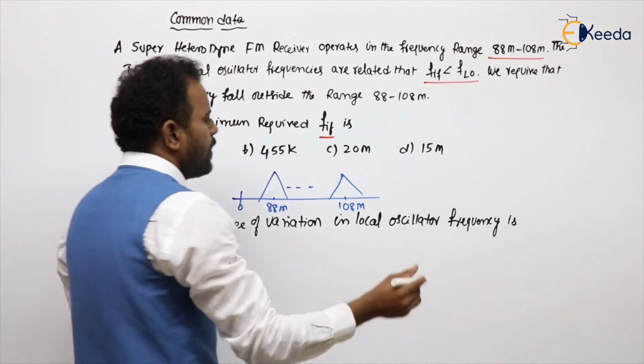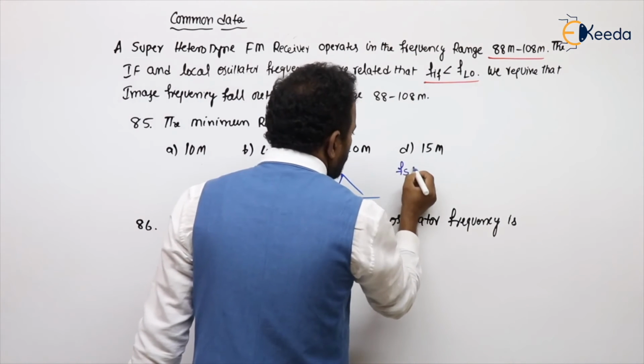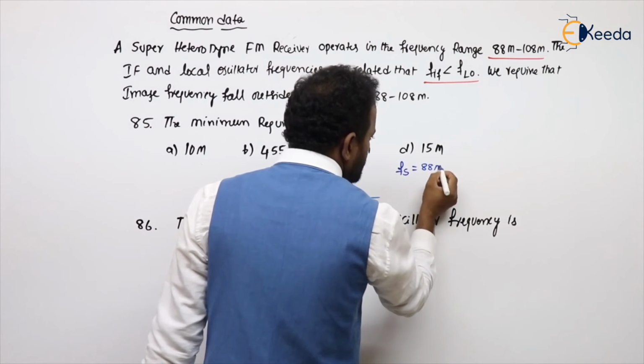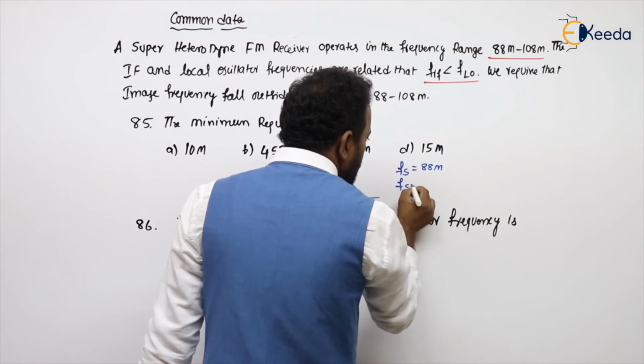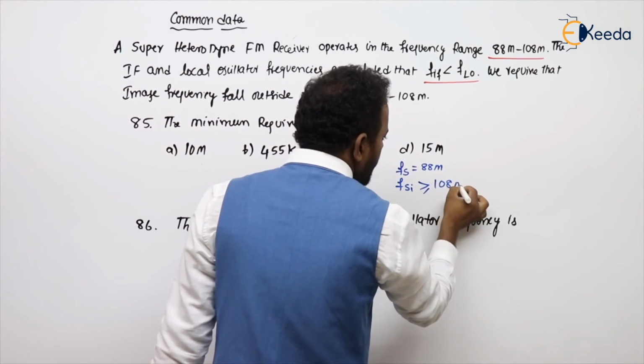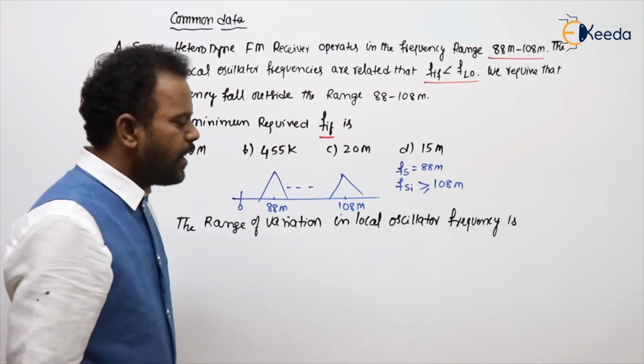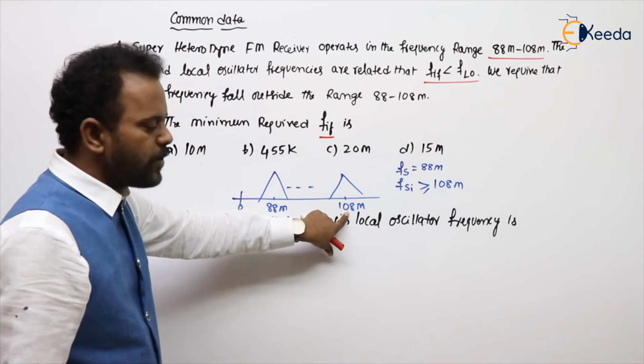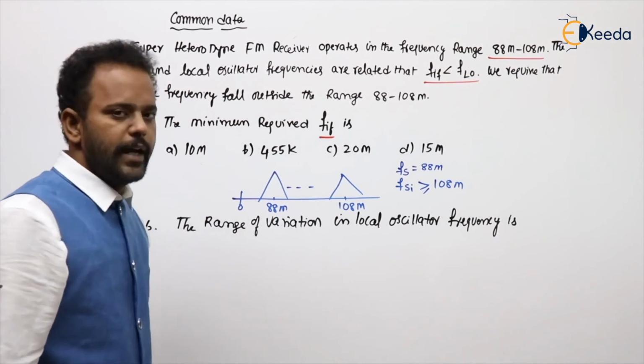Now follow. For example, if I take fs as 88, where does the image have to come? Outside the tuning range, meaning outside 108. Or if I take this value as fs, it has to come before 88.